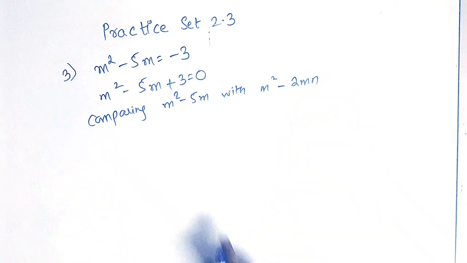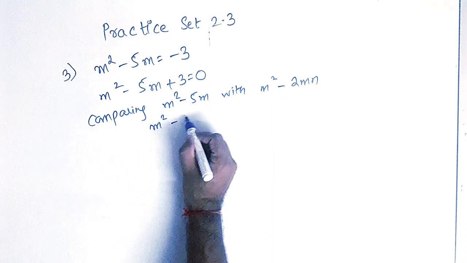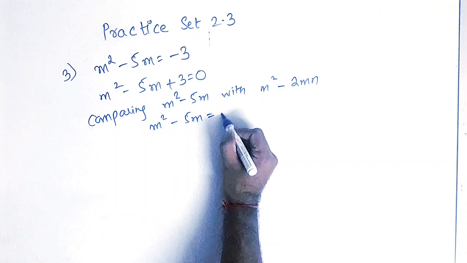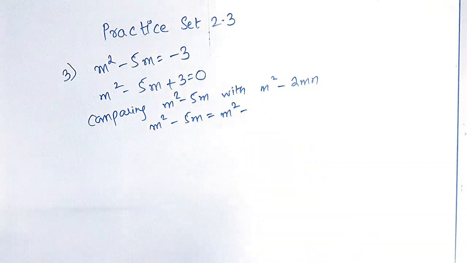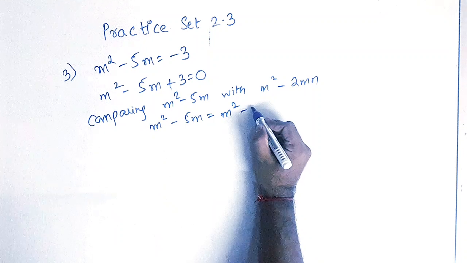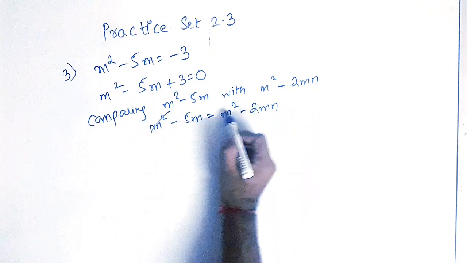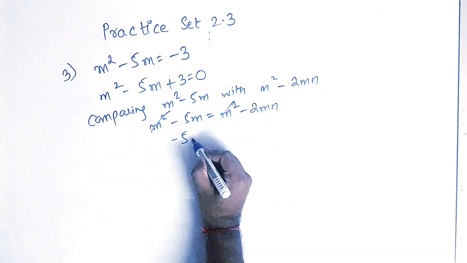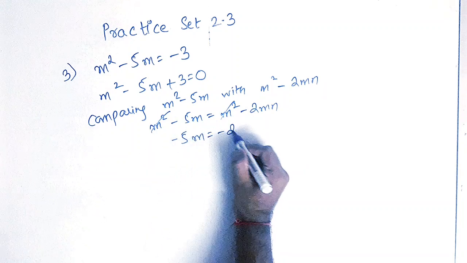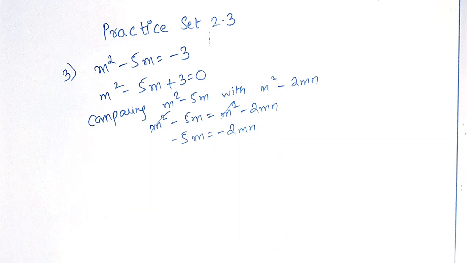Here we have to compare. Instead of xy you have to write mn. So I'll write this, m square minus 5m equals to m square minus 2mn. So m square gets cancelled. What remains is minus 5m equals to minus 2mn.